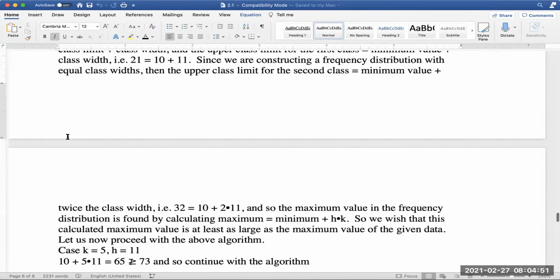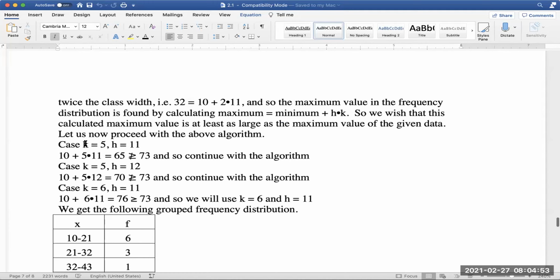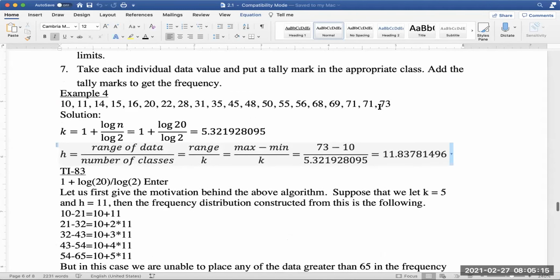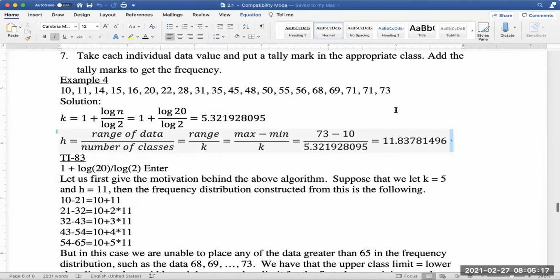And so I get K is 5 and H is 11. But then you take the smallest value in my set, 10, plus K, 5 times H, 11. 5 times 11 is 55, plus 10 is 65, which is not greater than or equal to 73.